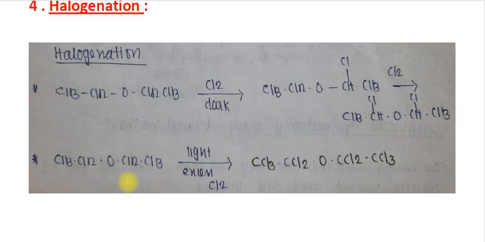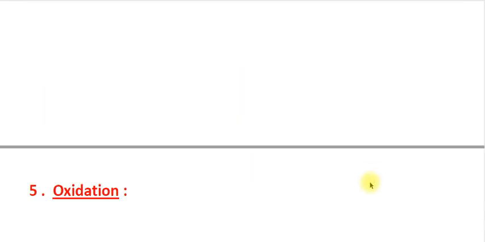The next example is CH3 CH2O CH2 CH3 in the presence of excess Cl2 and light: all the hydrogens are replaced with the halogen. That means CCl3 CCl2 O CCl2 CCl3.